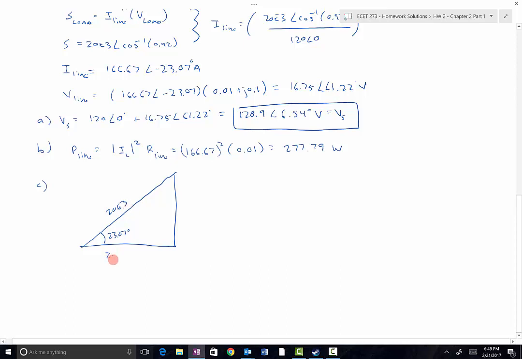So this is 20 cosine of 23.07, and this is 20 sine of 23.07. If we were to write these down, this was 18,400.5 watts, and this is 7,837 var.